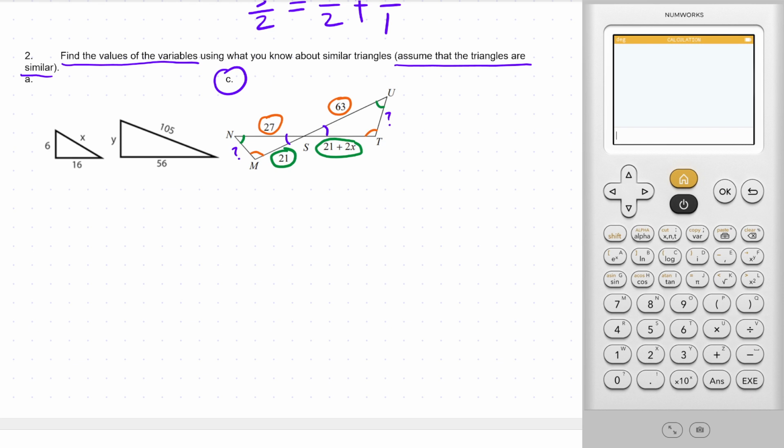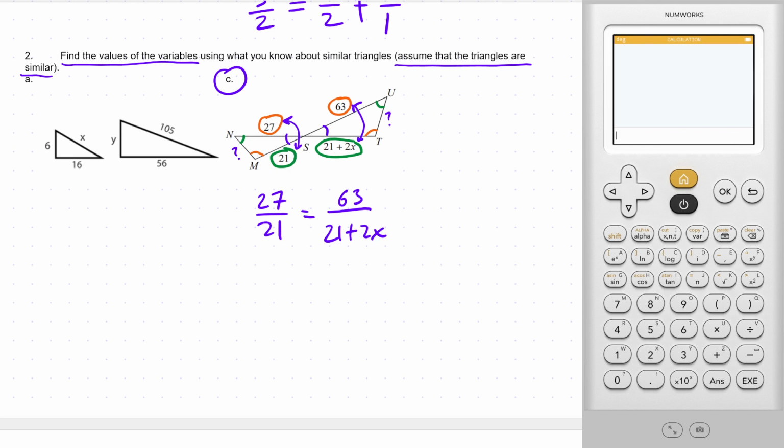And so we see 27 and 21 correspond, so I'll say that 27 over 21 is equal to my other two corresponding sides, which would be these two right here. I'll draw little arrows just to clarify. And yeah, so 63 corresponds with 21 plus 2x.